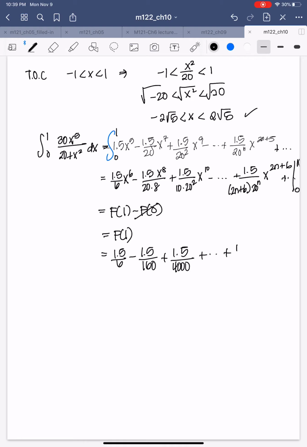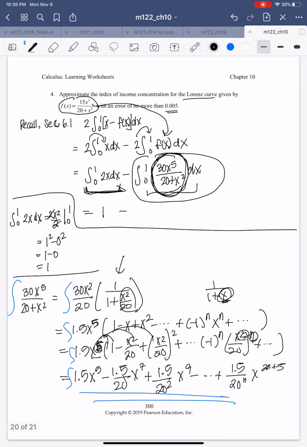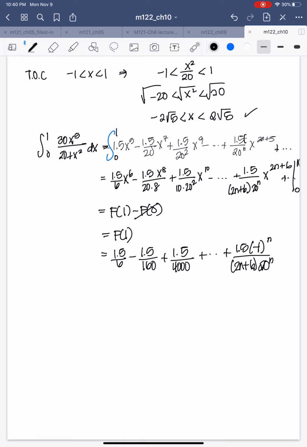All the way up to the last term, 1.5, and then negative 1 to the nth power, depending on negative or positive on the last term, and then 2n plus 6, 20 to the n. Oh, I think when I wrote the last term, I forgot the negative 1 raised to the nth power.